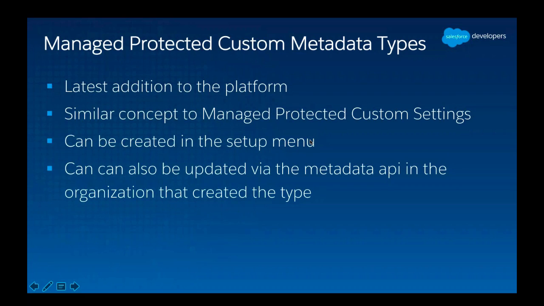I don't have demos for you right now, and expect more material from us in future on this, but just keep in mind that there is one more way to securely store your secrets, which is very similar to managed protected custom settings. You are storing your secrets in managed protected custom metadata types. The only advantage it has over managed protected custom settings is that you can update your secrets using metadata APIs in the managed package where you created that metadata type.